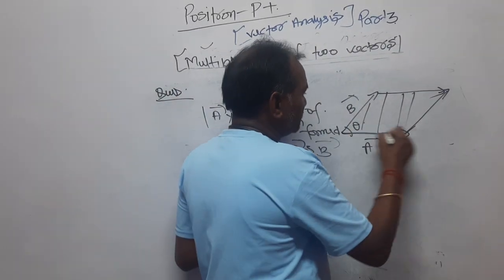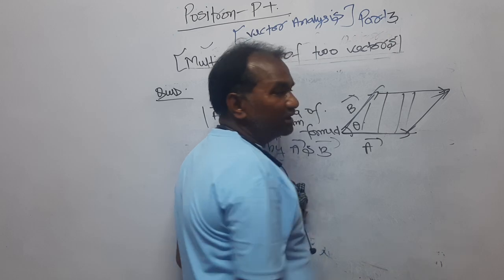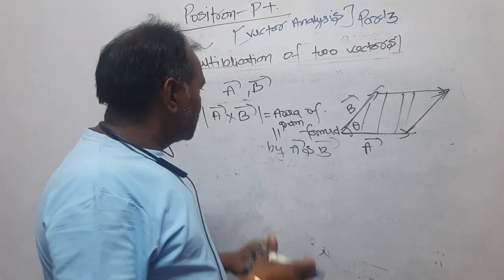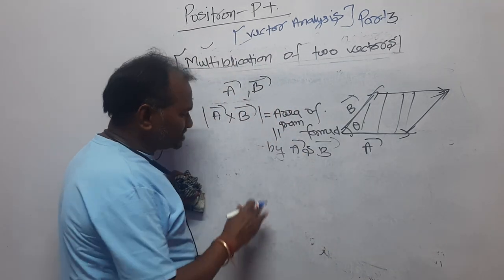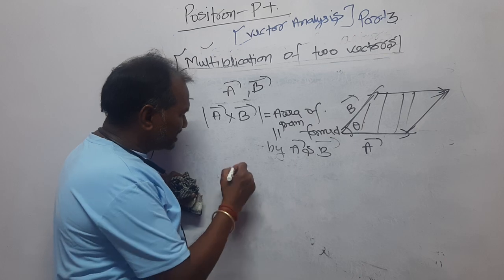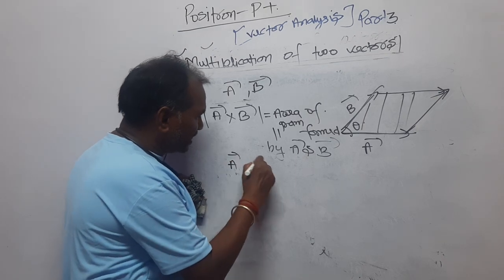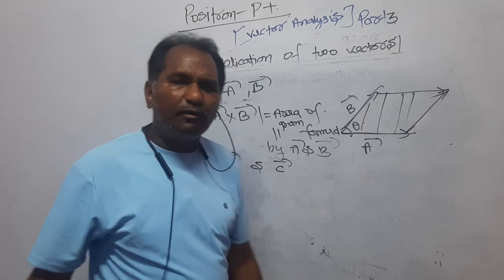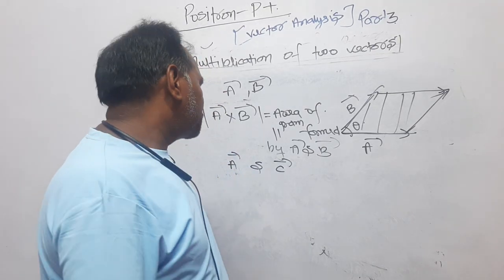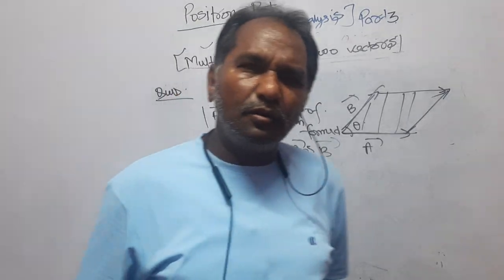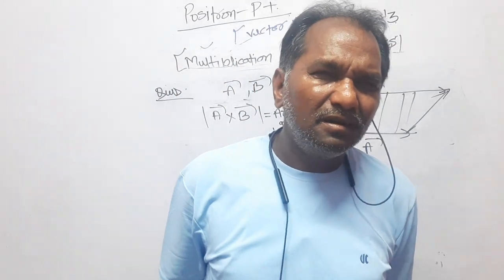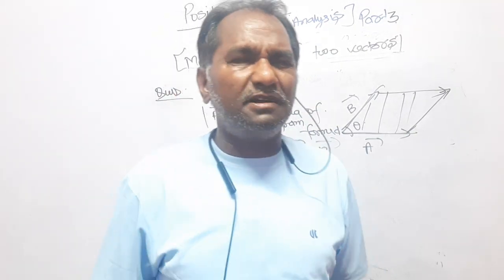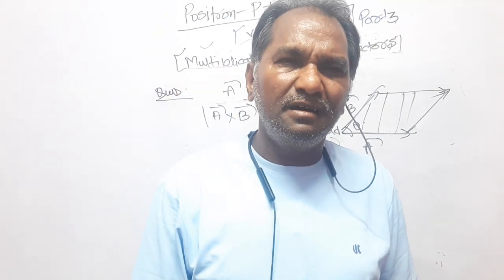Like this is vector A, this is vector B. First, let's start with something else. Let vector A and vector C be coplanar. What does it mean? It means they are directed in the same direction.